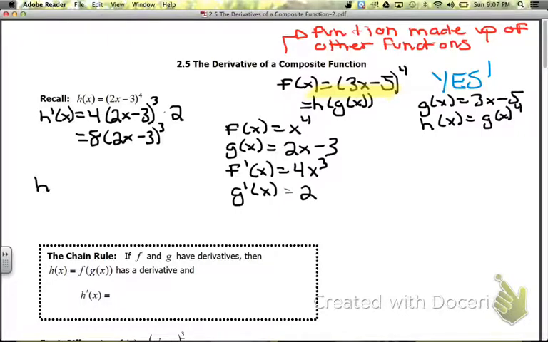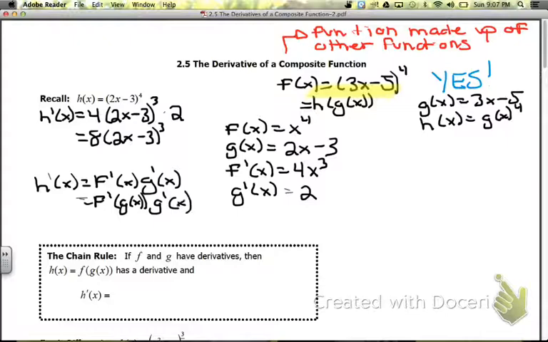So our h prime of x is going to be our f prime of x times our g prime of x, which really, this f is in terms of our g of x, because you're replacing that x in the f with g of x. So really what you're doing is you're taking the derivative of f in terms of g of x here, and then multiplying it by the derivative of g of x.